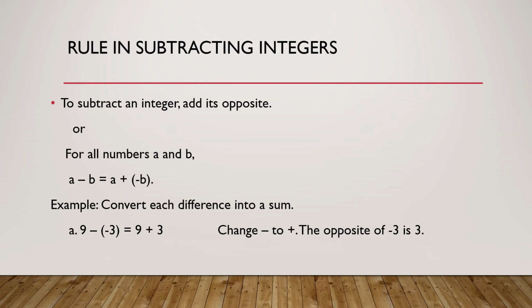Okay, so we have here 9 minus negative 3. That will become 9 plus 3. Ganito lang kasimple yan. Negative times negative is positive. That's as easy as that.